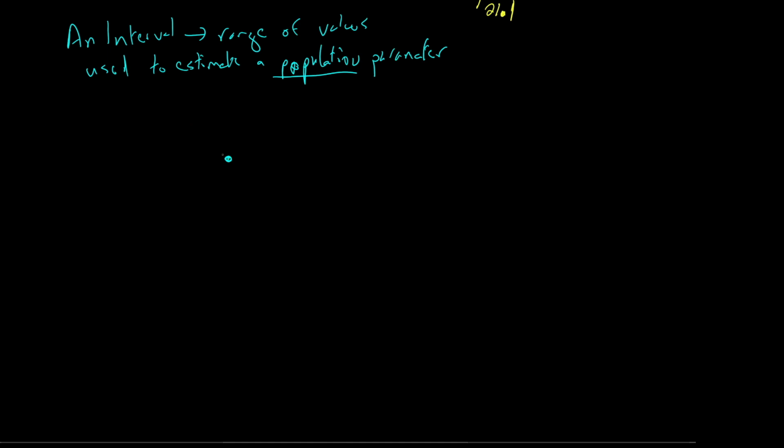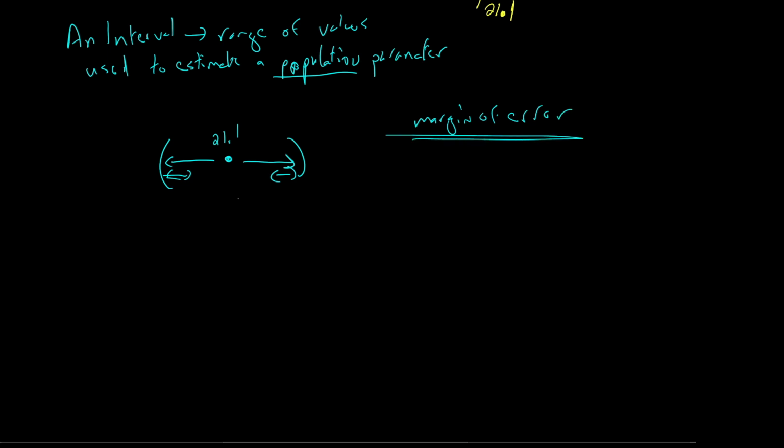So we'll think about, we have that 21.1, and then we have some interval, and on either side of that, we'll be able to collect people, and we'll say, well, 21.1 given a margin of error. Well, the question is, how wide do we make this?